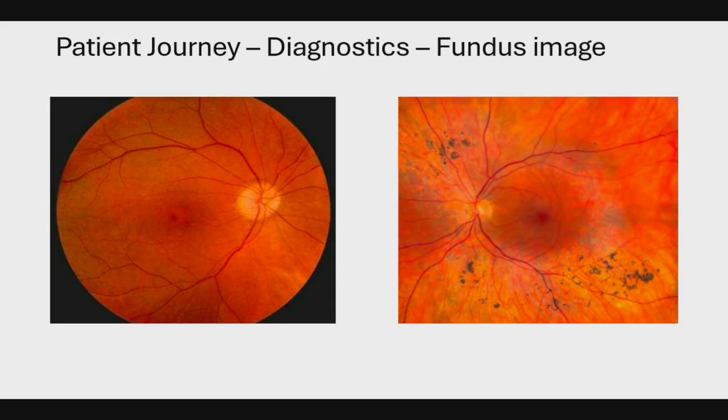So these are the signs. On the left side, you can see it in an earlier stage. And on the right side, the right fundus, it is more advanced, where the blood vessels are attenuated, so thinner than usual.